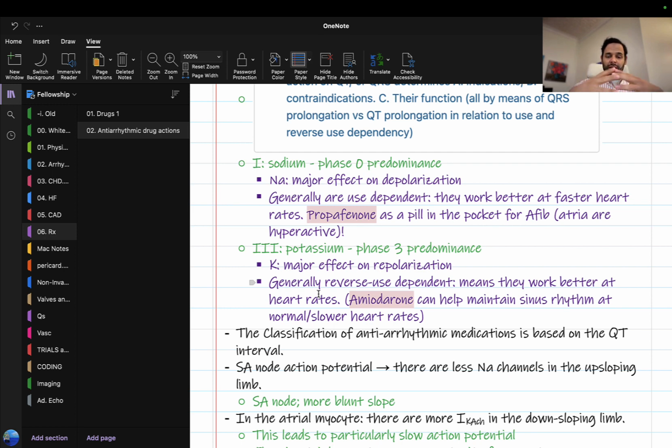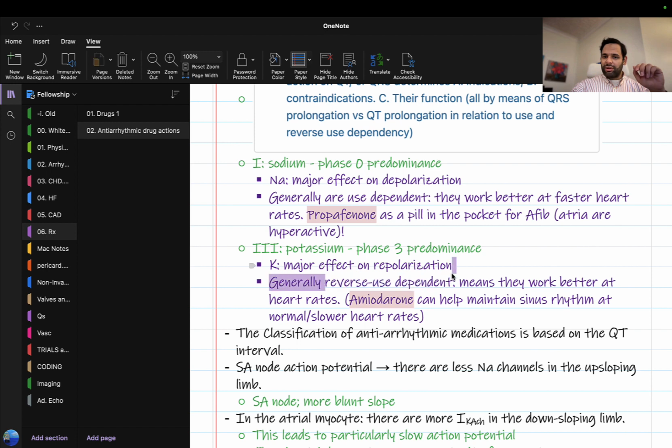And we have a lot more potassium channels as well, such as the catecholinergic one, the IKACh. There's a note about that in the atria. But let's talk about the main idea with class 3: they are reverse use dependent. So they're not the same as class 1.